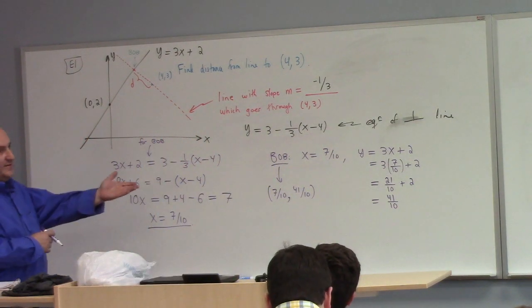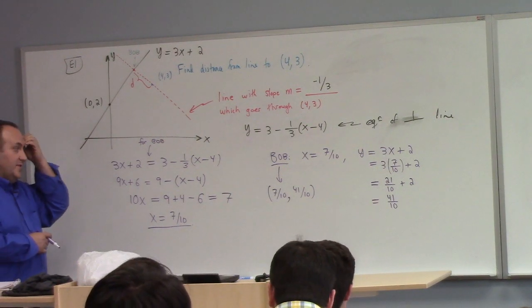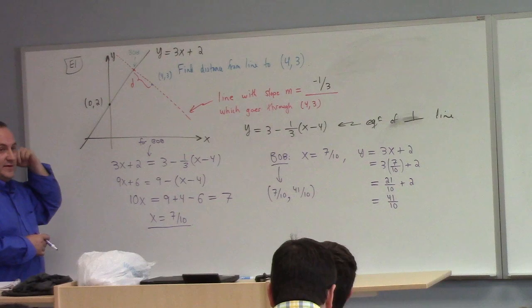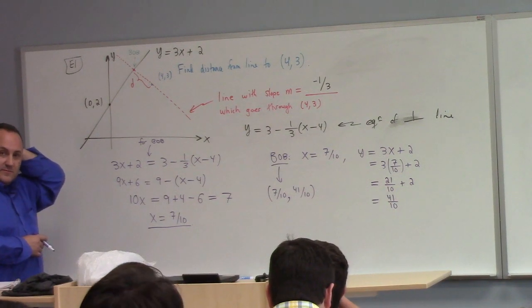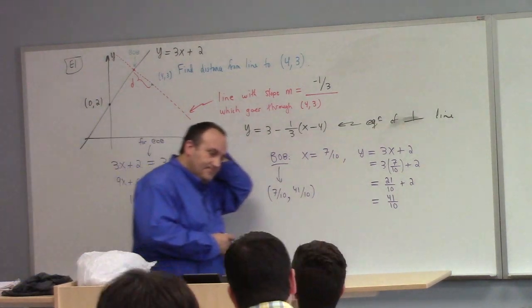Okay, this is all lovely. We found where Bob lives, right? But how far is Bob from the point 4, 3? How do we figure that out? How do you figure out the distance?